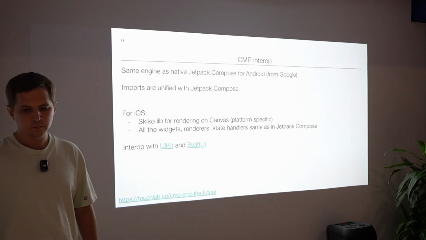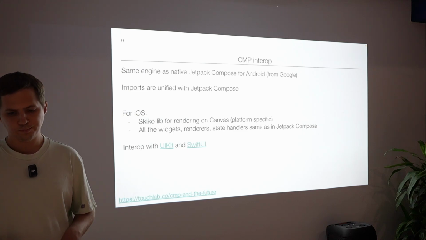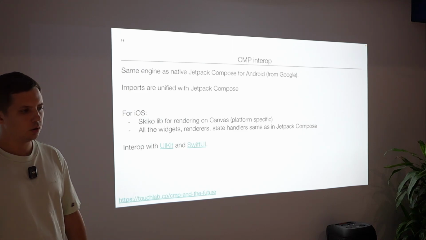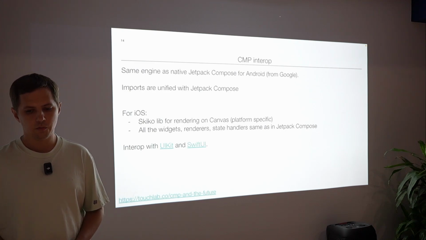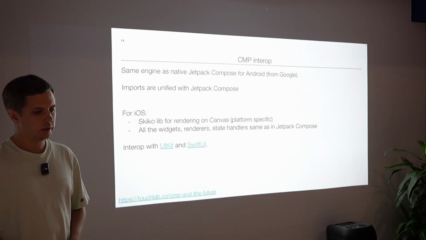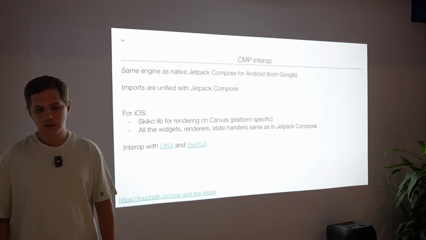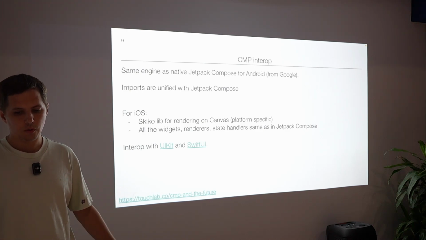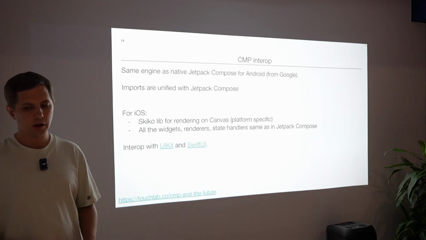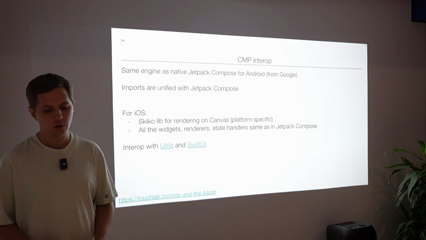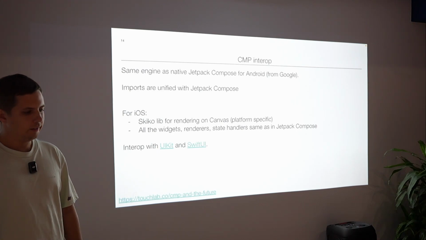And for iOS, it is important for us that it consists of 2 major parts. The first of them is the Skiko library, which allows rendering views on Canvas, and it is the only platform-specific part. The second part is the set of widgets, renderers, and state handling logic, which is the same in Jetpack Compose and works the same as on Android, desktop, WASM, and so on.